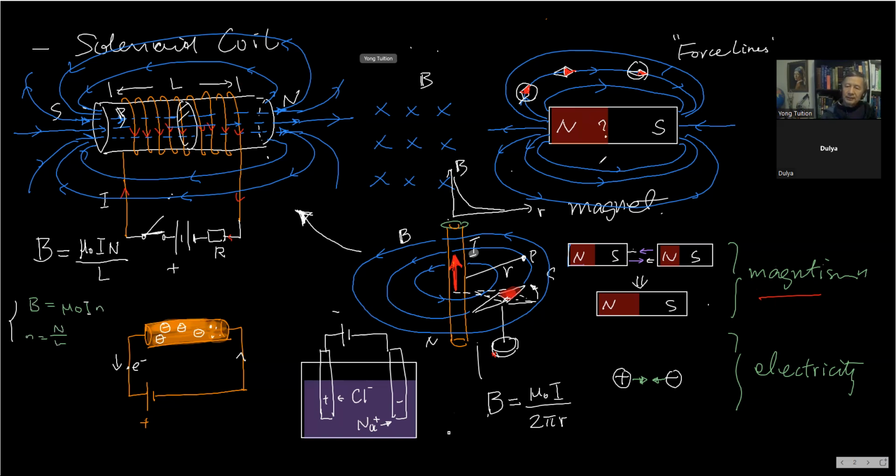Inside the solenoid, we know the magnetic field goes continuously, but inside this one, we don't know, because we cannot enter, since these are solid.